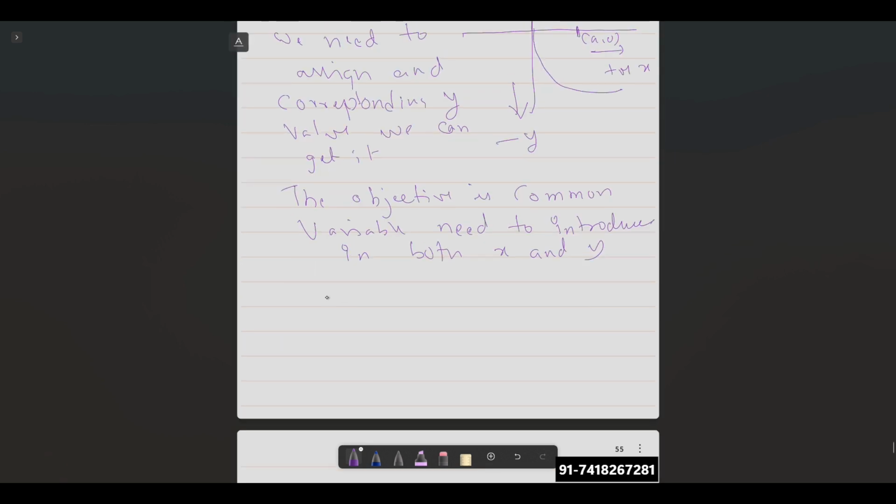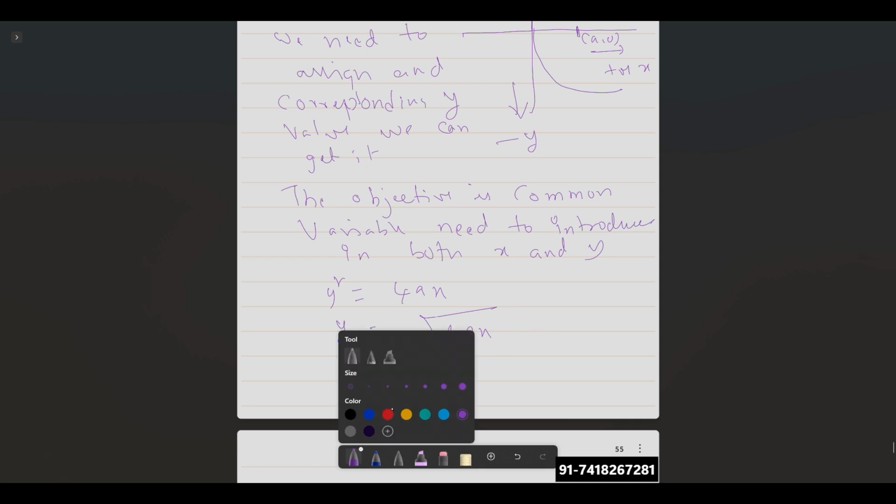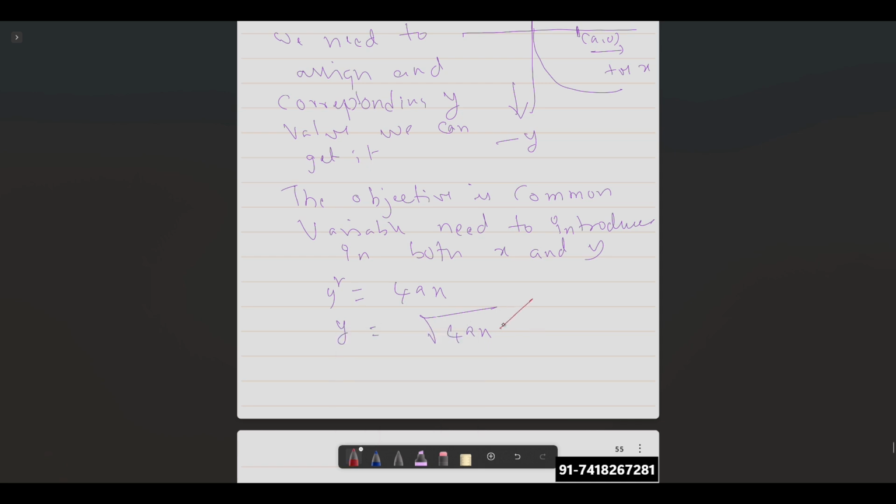Here y square is equal to 4ax. If you take the square root, how do you arrive at y? It will be y is equal to root of 4ax. I need to assign a value for x such that if you take the square root, I get an absolute value.